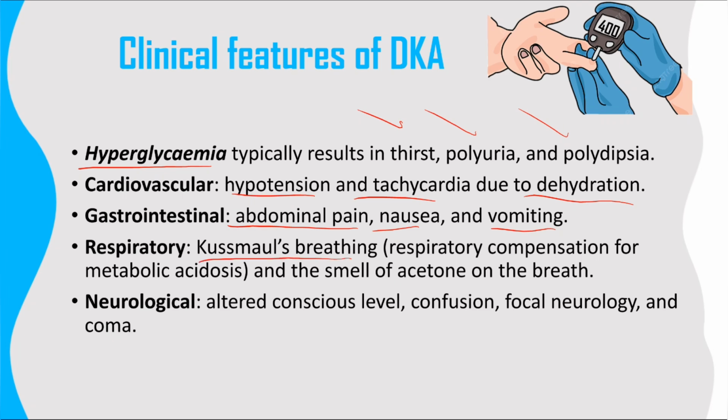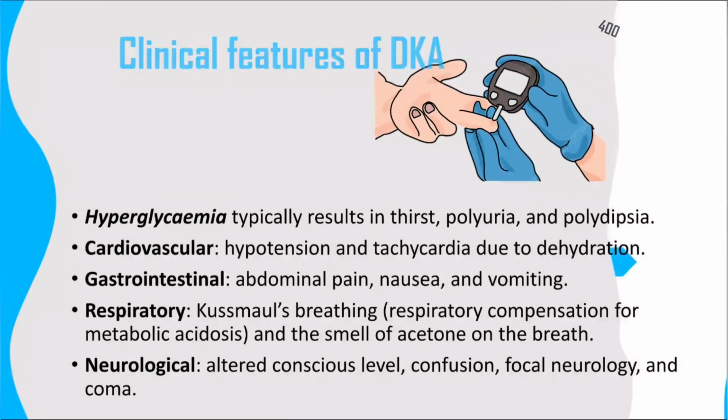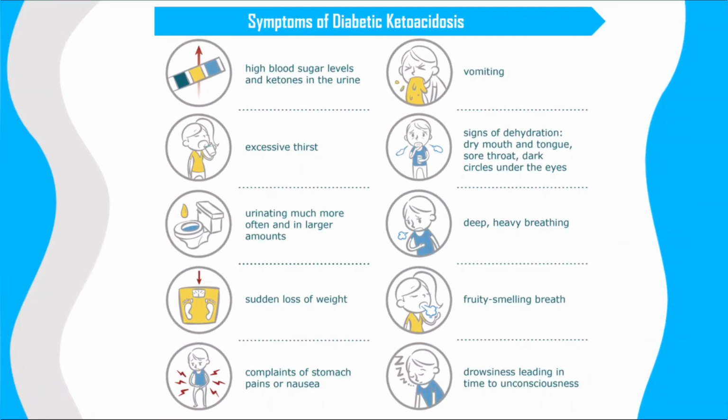There will be smell of acetone on the breath. All this hyperglycemia and hypotension and dehydration and increase in the breathing lead to altered conscious level, confusion, and sometimes even focal neurological deficits and coma. So this is the symptomatology of DKA.